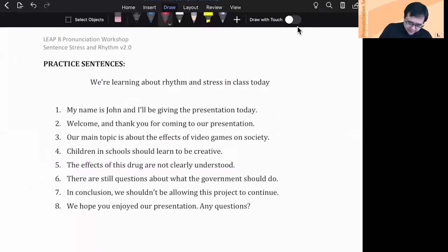So the first thing we have is we are. Now we is a pronoun. That's a structure word. Are, that's not our main verb. Learning, there's our main verb. Okay, so we got learning. About, preposition, we skip it. What are we learning about? Rhythm, there's a noun. And, conjunction, we don't stress that. Stress, there's another noun. In, that's a preposition.